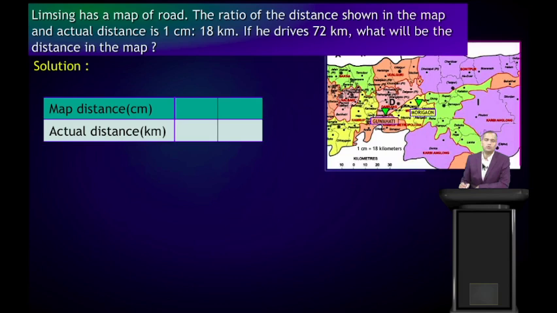I think you know from the geography that this ratio is the proportion, or if the actual distance increases, then map distance also increases, isn't it? So if map distance is 1 centimeter, then actual distance is 18 kilometer.